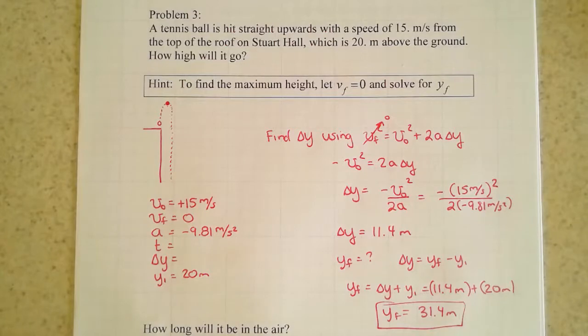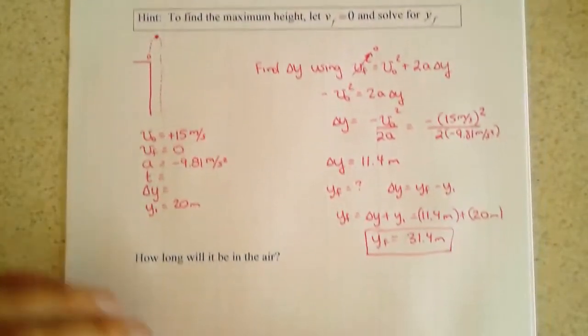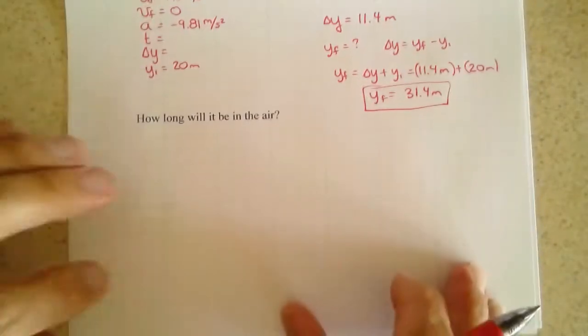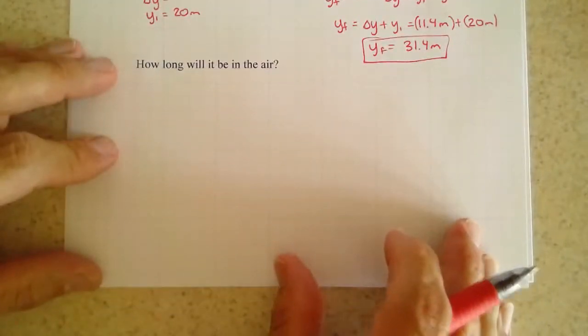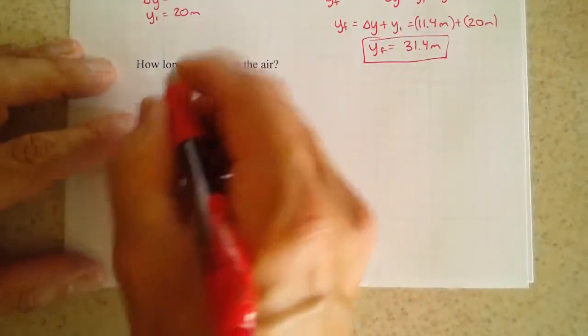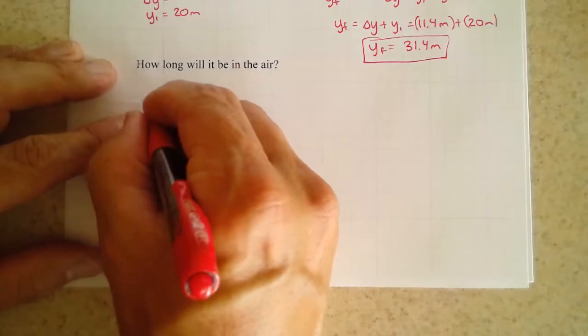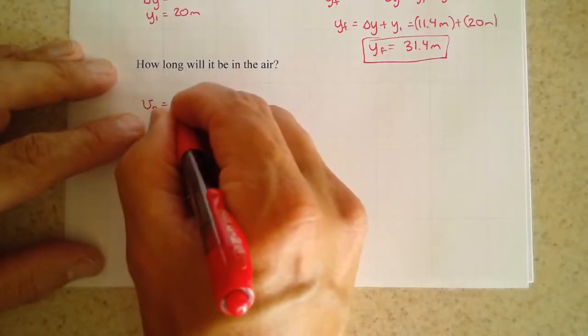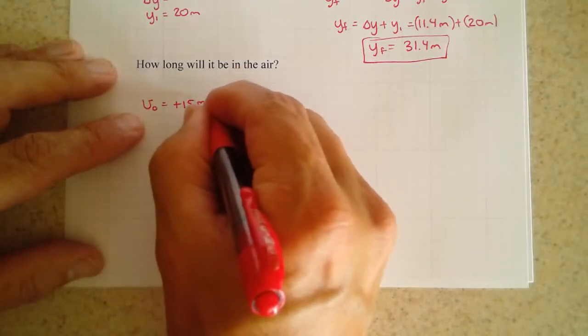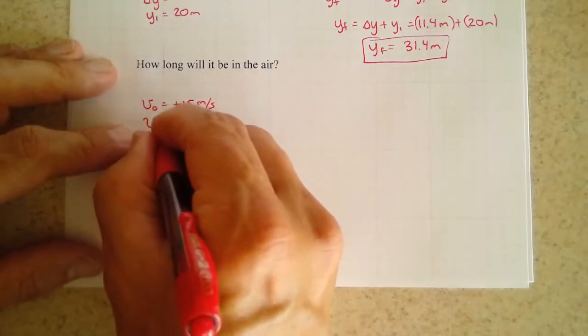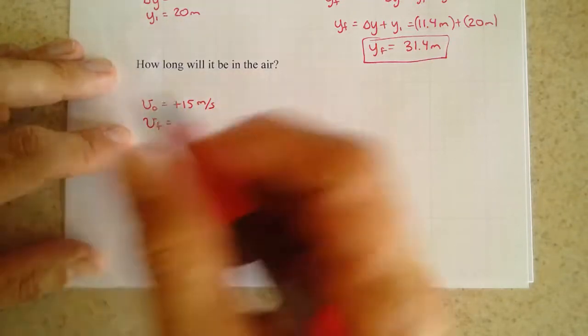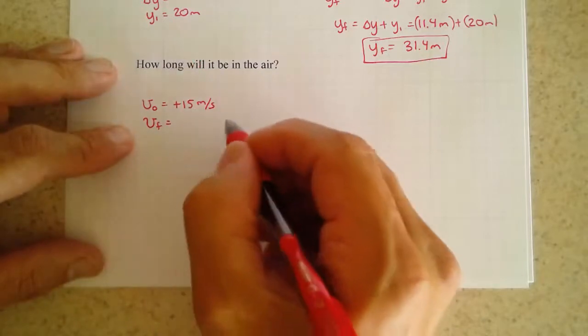Okay, now part B of this says, how long was it in the air? So to solve this problem, we're going to figure out how long it's in the air. I'm going to make a new variable list. The initial velocity is still 15 meters per second. The final velocity is unknown because we are not ending the problem at the tippy top of the arc. We're ending it back on the ground.